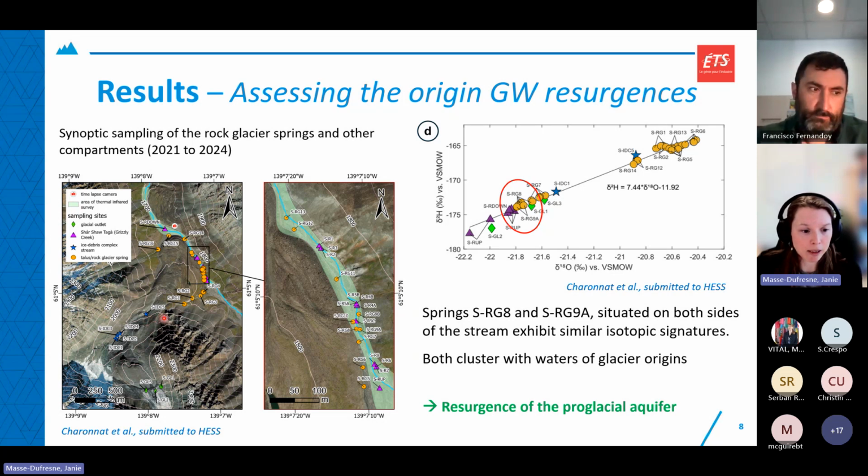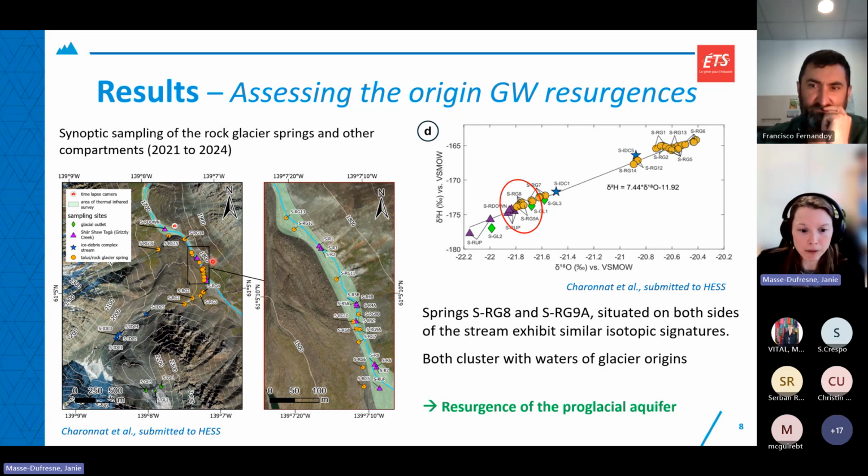And our idea was to answer this question: are these springs fed by the water melting in the subcatchment, or are these resurgences of water coming from the bigger Grizzly Creek Glacier and flowing as parafluvial flow there and making its way back to the stream?